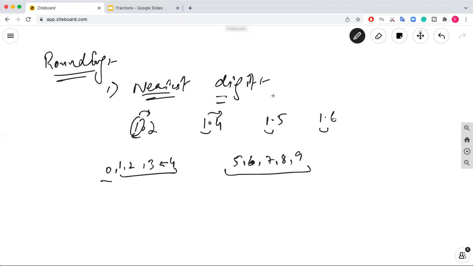So 1.6 becomes 2, 1.4 remains as 1, and 1.2 remains as 1. This is rounding to the nearest integer. This is a very basic case.